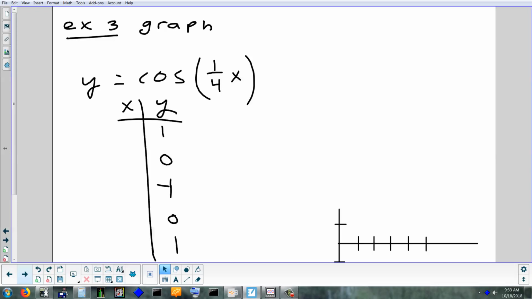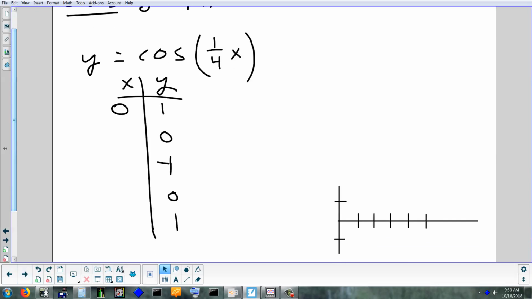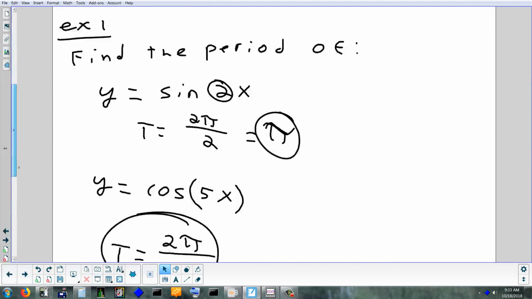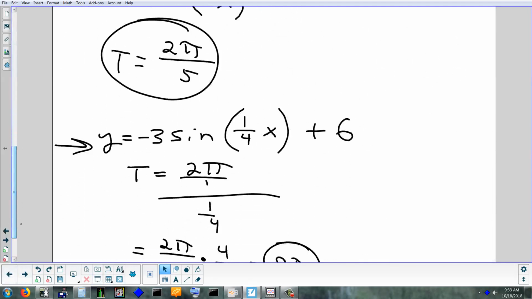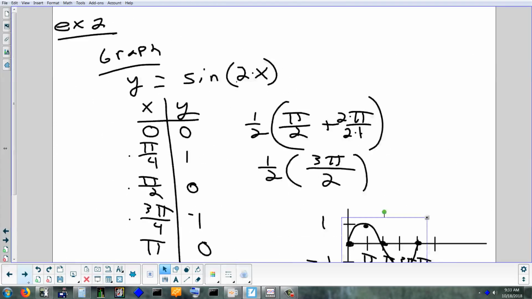For period change, first x is always what? 0. And what did we get earlier in the notes when we did 2 pi divided by 1/4? 8 pi. We already did that right here. We had a 1/4, so we already went through how to get 8 pi.